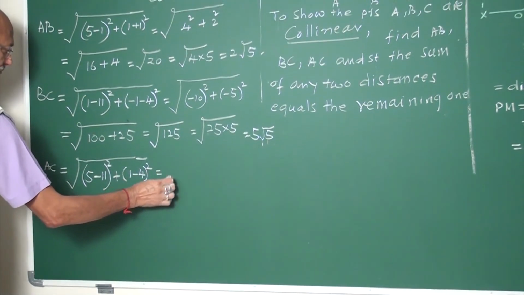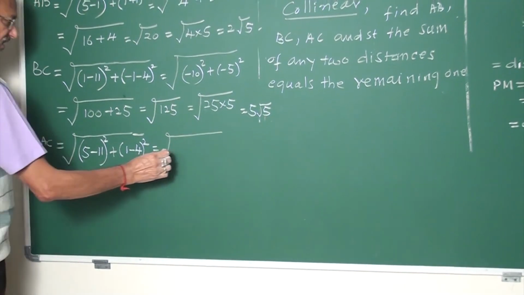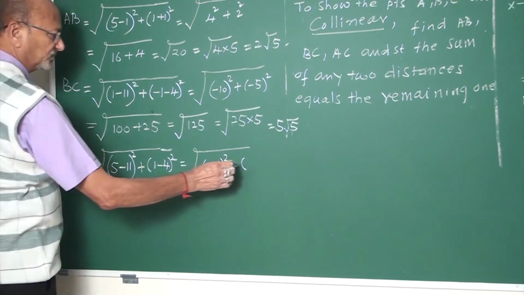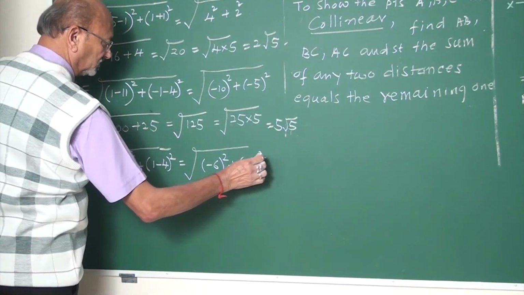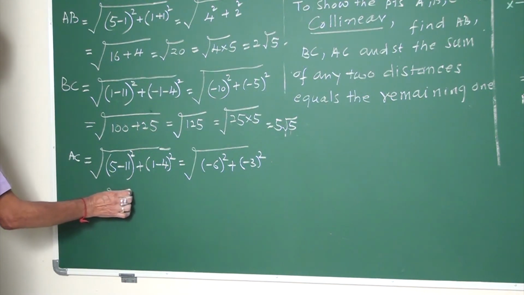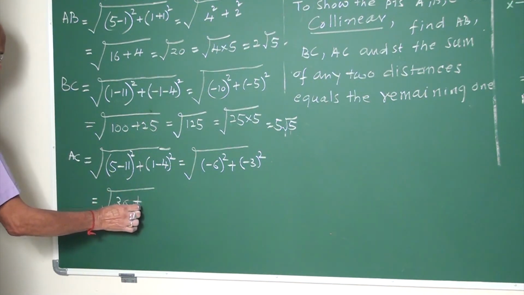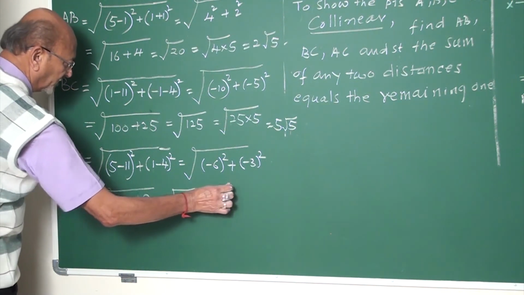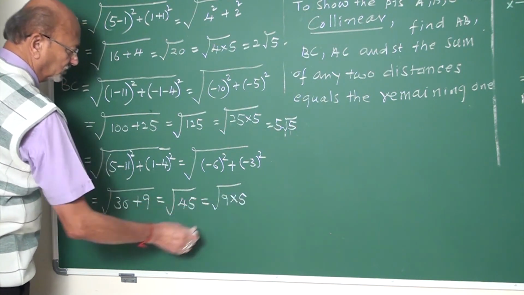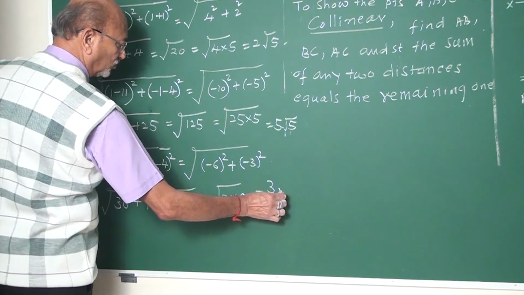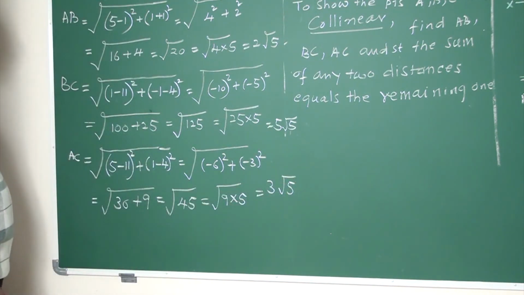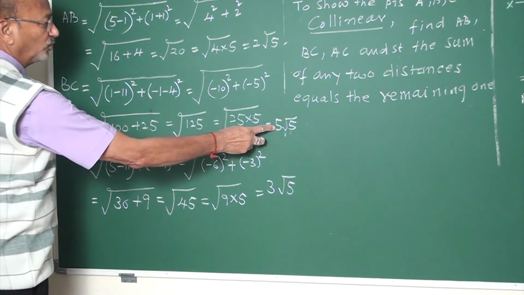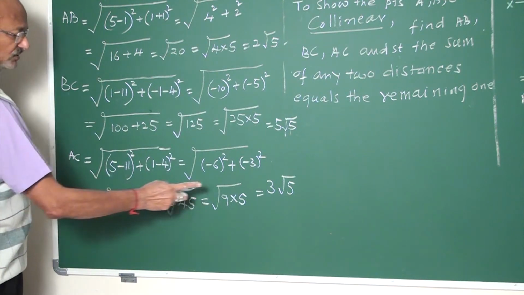It is square root of (-6) whole square plus (-3) whole square, which is 36 plus 9, that is 45. That 45 can be written as 9 into 5. Square root of 9 is 3, so 3 root 5. See my friends, AB is 2 root 5, BC is 5 root 5, AC is 3 root 5.